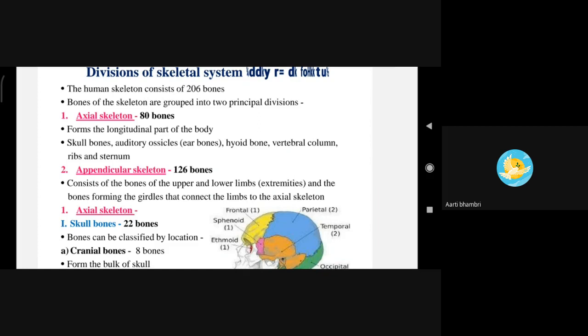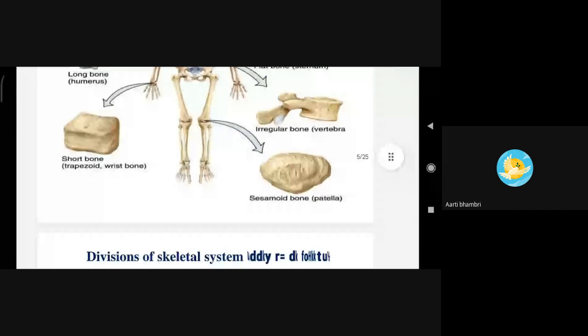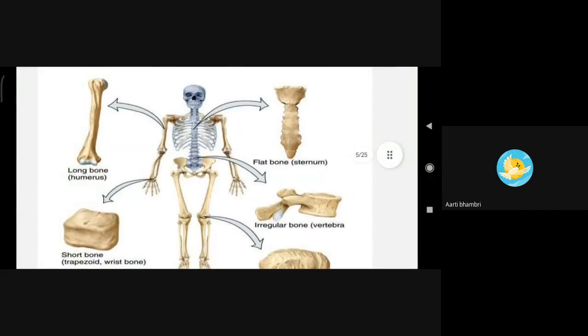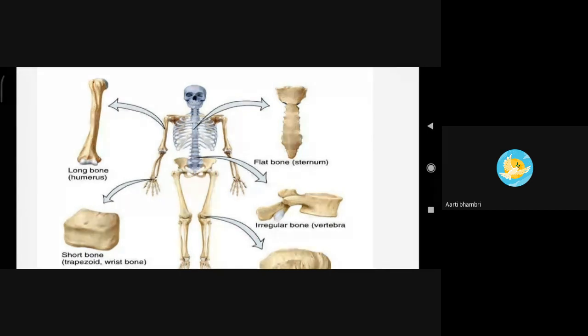The axial skeleton forms the longitudinal part of the body and it consists of 80 bones. Here you can see the blue color depicting the axial skeleton, and the appendicular skeleton is depicted in a somewhat yellowish color.